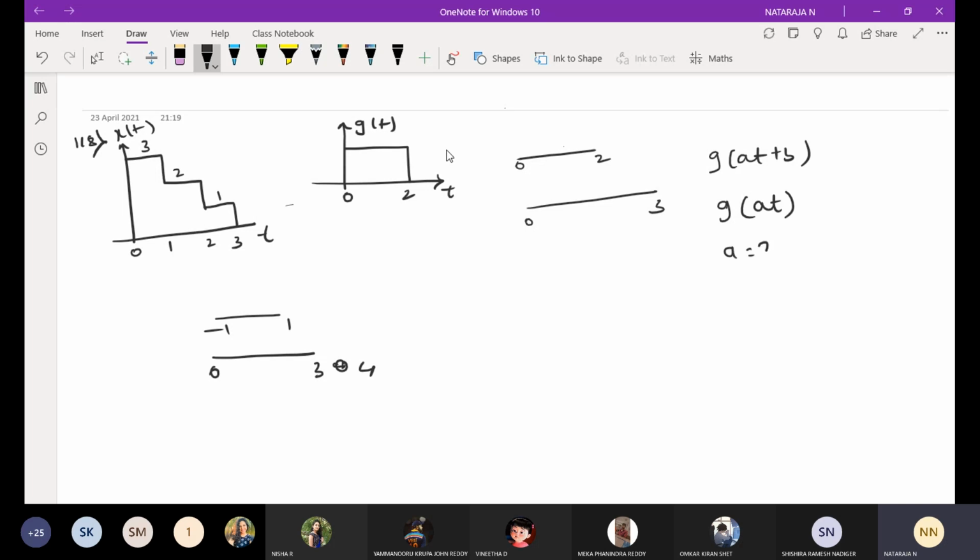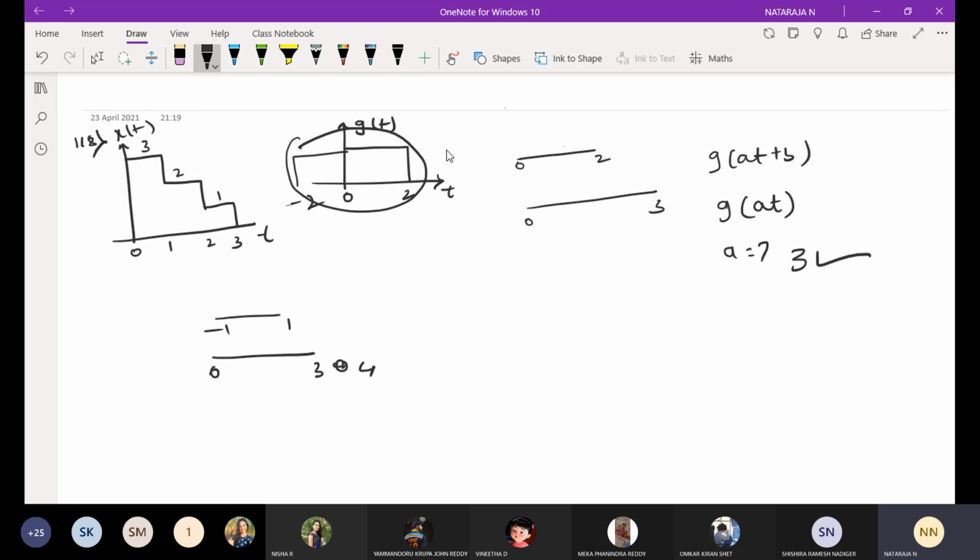Just find the a value for all three cases, then it will be fine. For example, if this is x of t and I give it from -2 to +2, this signal has both positive and negative sides. The other is only positive. Now we require the shifting property, from x of t to g of t or g of t to x of t.